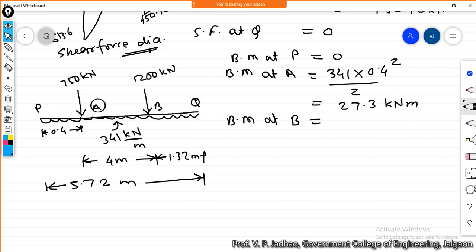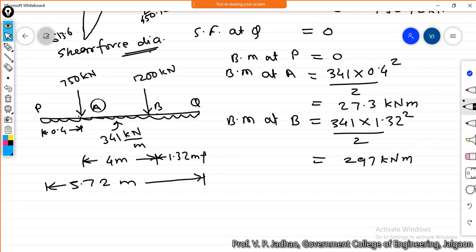We have W equal to 341 kilonewton per meter, L is 1.32 meter, so 1.32 square divided by 2. So we get the total bending moment at point B equal to 297 kilonewton meter. So we have got the bending moment at points P, A, B. Bending moment at Q will be 0 again because it is the extreme end.